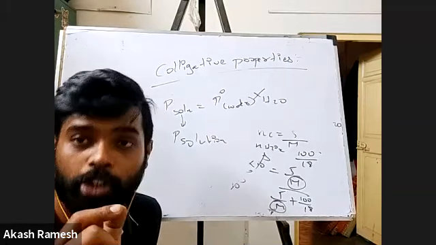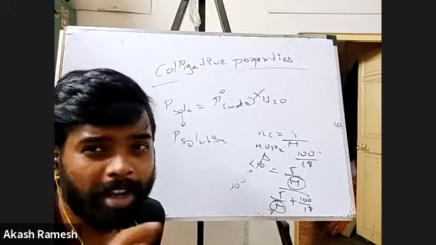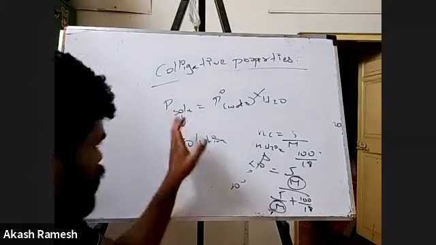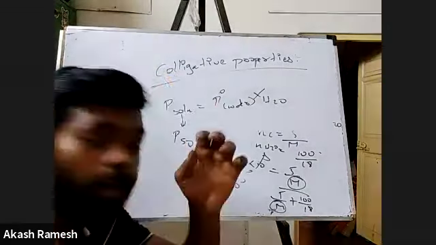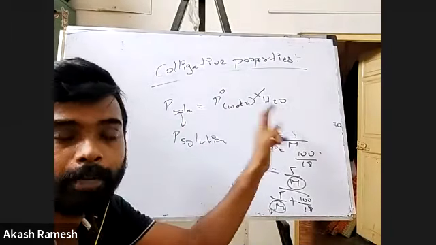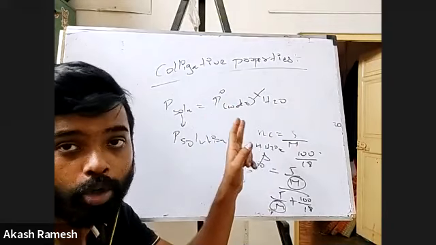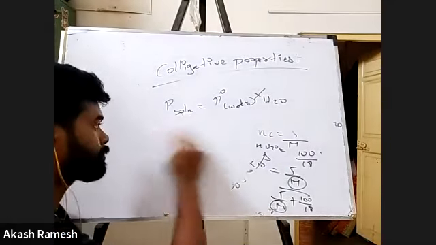Because the solute you're talking about is a solid, and we cannot speak about the vapor pressure of a solid. So whatever the question, whatever the solute, you have to use it only for water, because only liquids will have some vapor pressure. You have to remember this whenever you use Raoult's law. Okay, right. So this we understood.